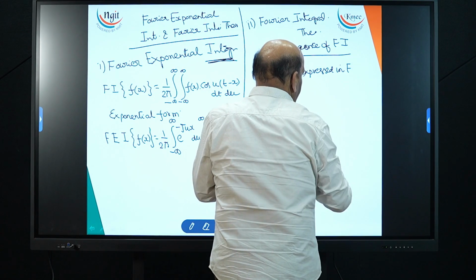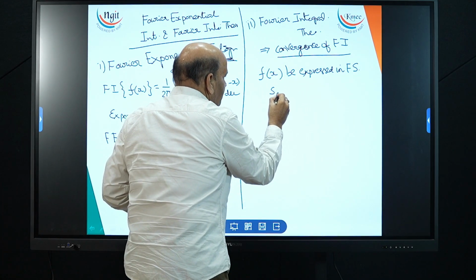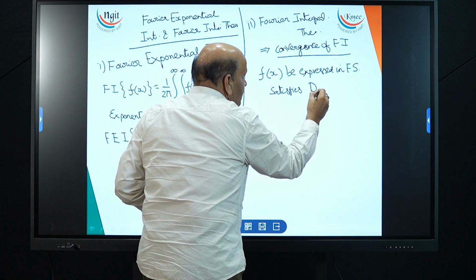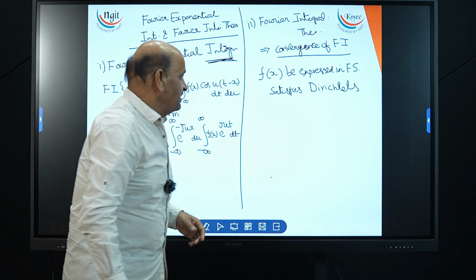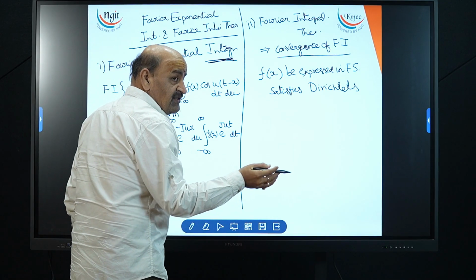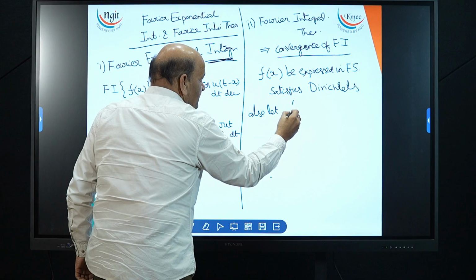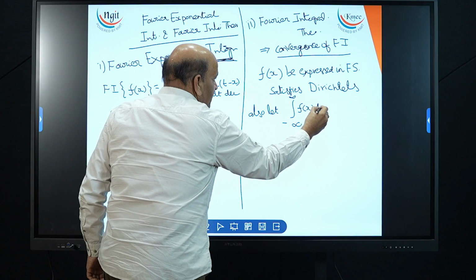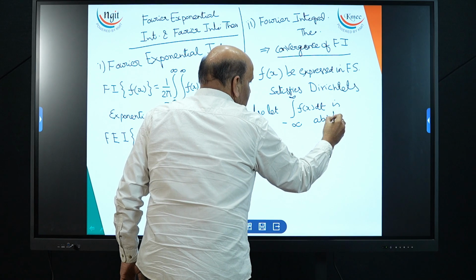Now this f of x satisfies Dirichlet's condition. Also assume that the integral from minus infinity to infinity of f of x dx is absolutely convergent.